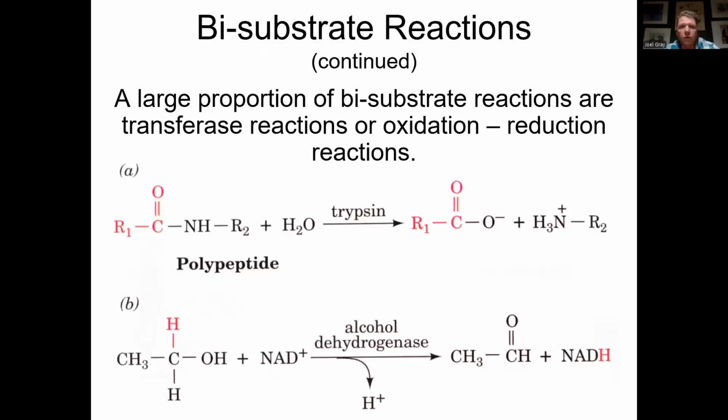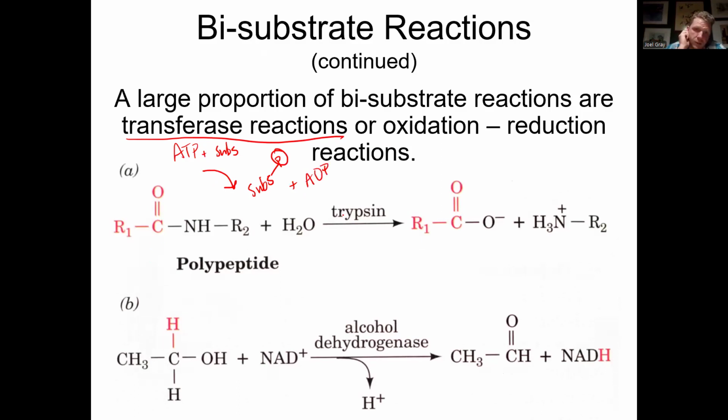Okay, so a large proportion of bisubstrate reactions are transferase reactions or oxidation. Transferase reactions, we talked about those, you'd use ATP plus substrate and yield substrate plus ADP as an example.